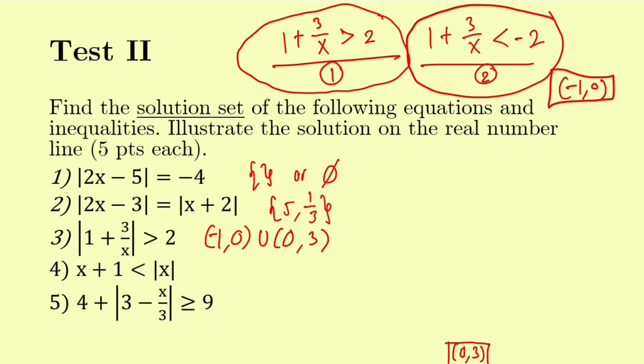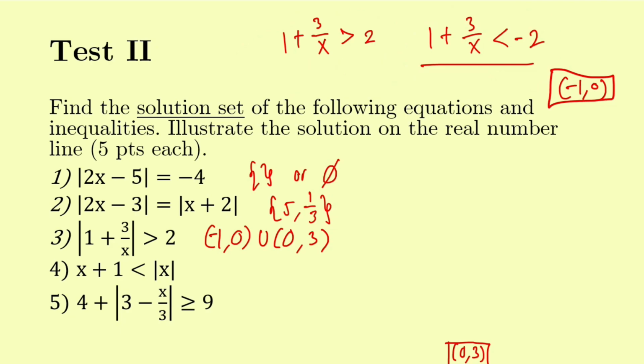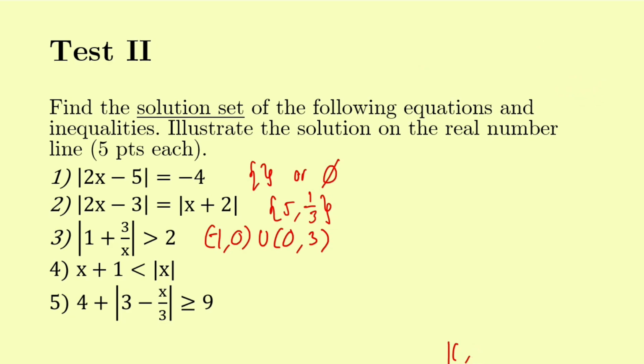Next, for item number 4, x plus 1 is less than absolute value of x. So how do we approach this given item? Una, we can also express this as absolute value of x is greater than x plus 1.